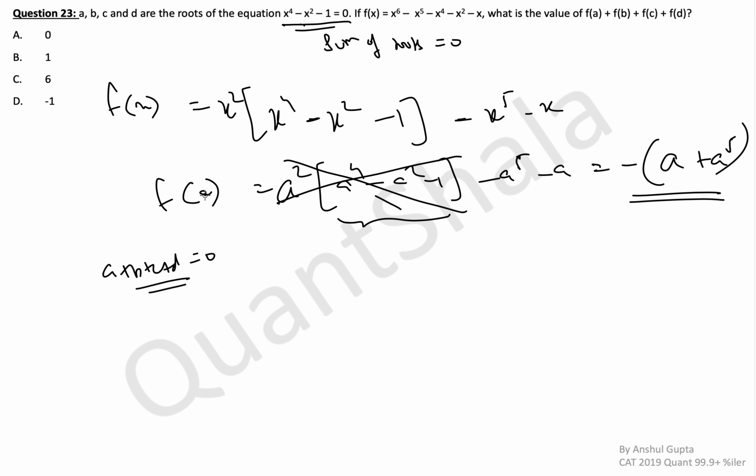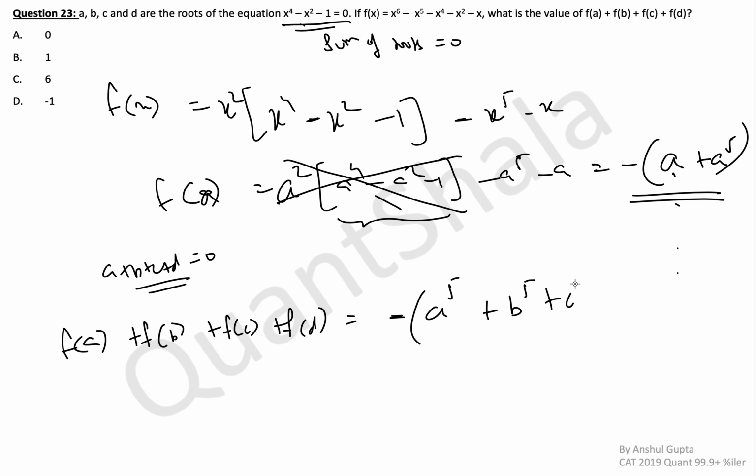So when you add this for f(a) plus f(b) plus f(c) plus f(d), the a plus b plus c plus d terms get cancelled. So what are you left with? f(a) plus f(b) plus f(c) plus f(d) comes out as minus (a^5 plus b^5 plus c^5 plus d^5). Okay. Understand this, right? Because a, b, c, d, when adding them up will get equal to 0 because sum of roots is 0. And taking the minus outside, you will be left with this.